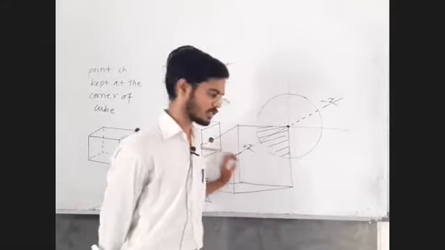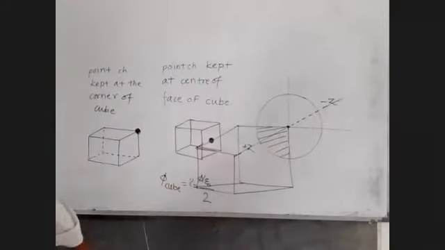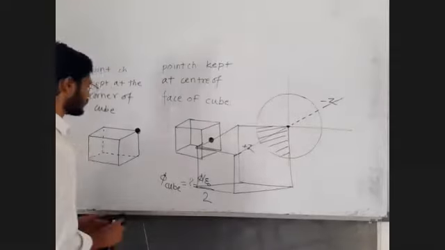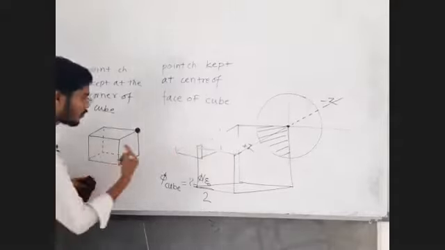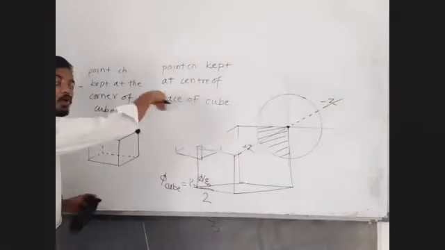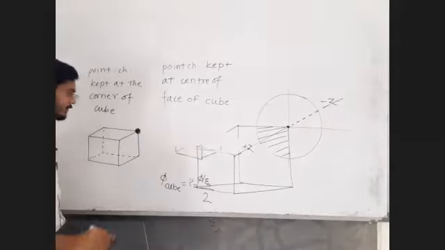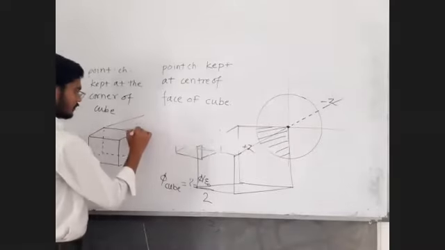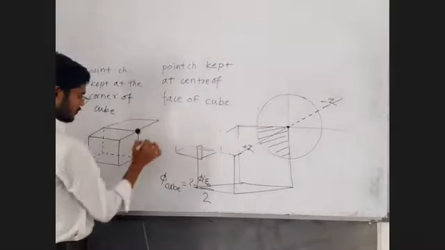If the charge is placed at the corner, then such 8 cubes are required: 4 at the bottom and 4 at the upper side. Only then you can cover the sphere entirely. Let me draw the bottom 4 cubes.